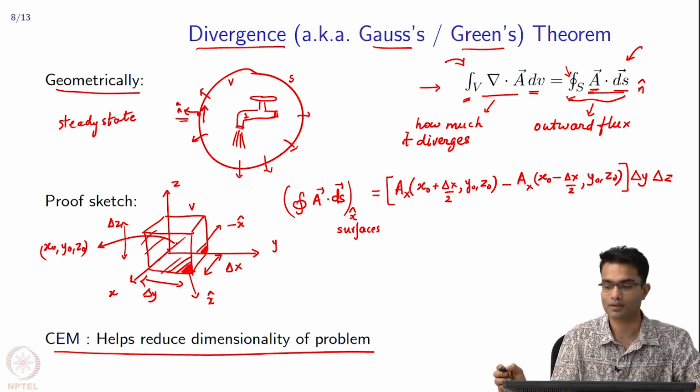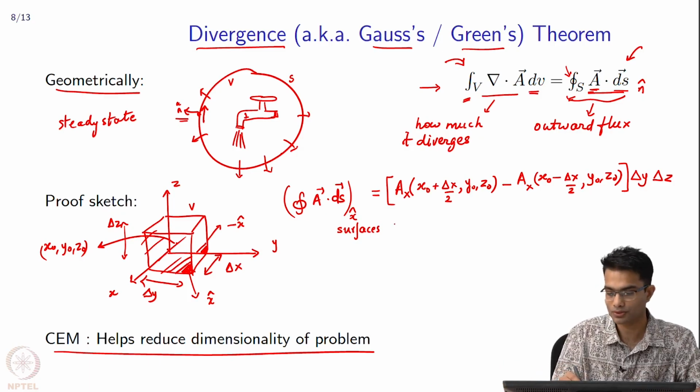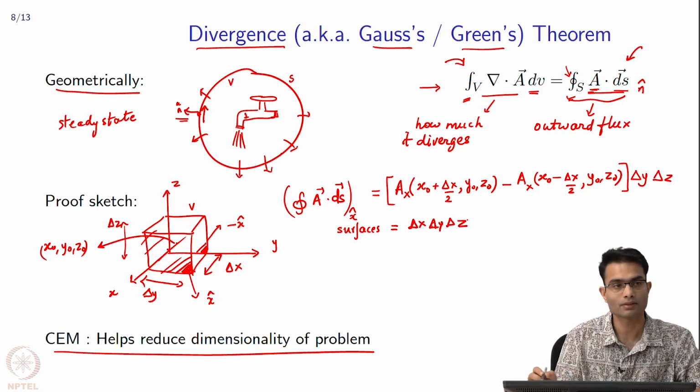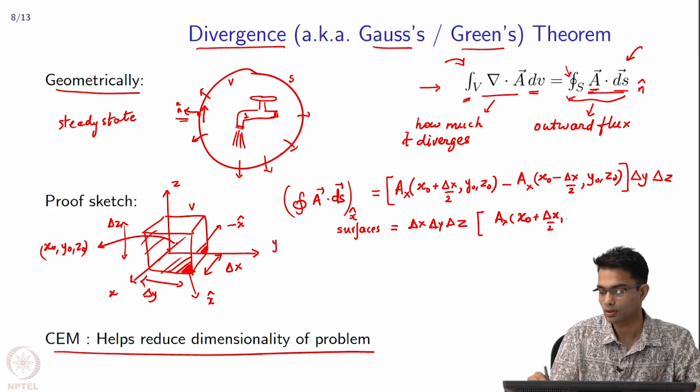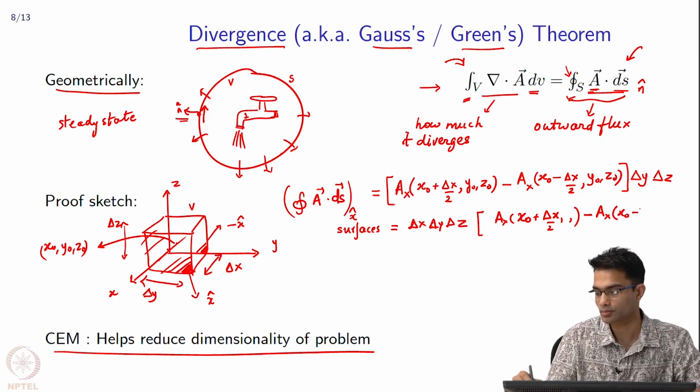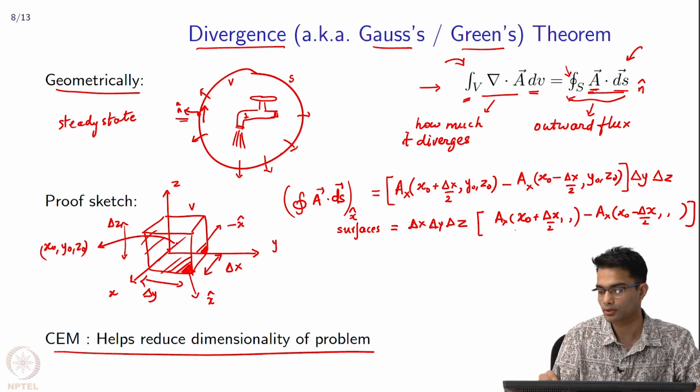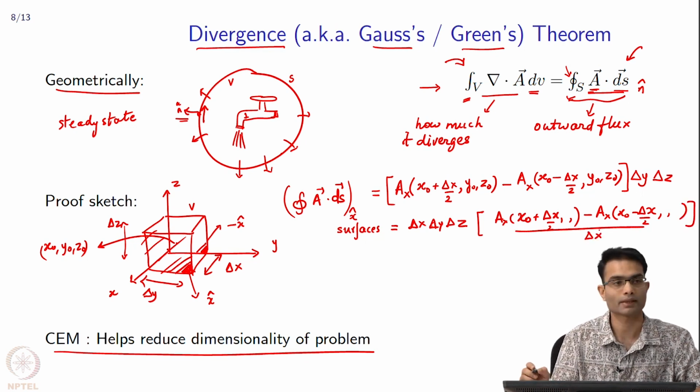A very tempting thing to do is to multiply and divide by delta x, right. So, if I do that, I will get delta x, delta y, delta z, and this thing over here, x naught plus delta x by 2, right. I am going to leave the other components the same because they do not change. This is going to be x naught minus delta x by 2, and the whole thing divided by delta x.